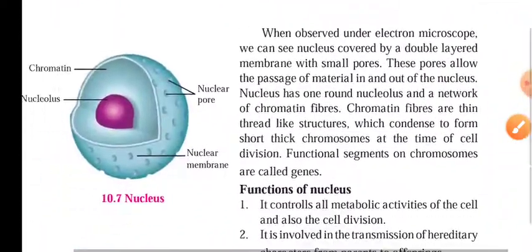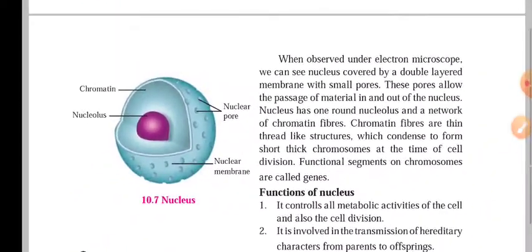Further, they have shown how exactly the nucleus looks. The nucleus is nothing but the brain of the cell. We can call it the brain of the cell because it carries out all the metabolism of the cell, or gives the instructions to carry them out.